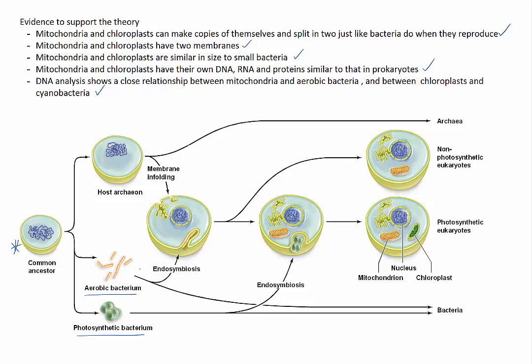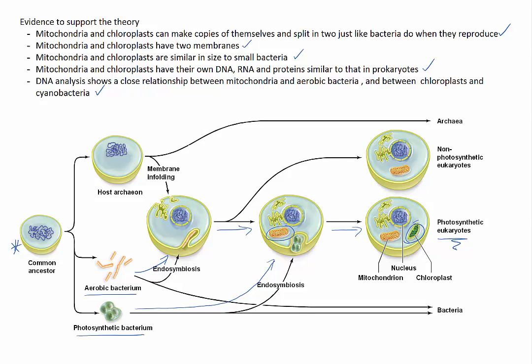The aerobic bacterium would have been ingested by another bacterial cell and eventually evolved into the mitochondria that we know of today. At a later stage, the photosynthetic bacterium would have also been engulfed by the same cell and evolved into chloroplasts, which is how we would have ended up with the photosynthetic eukaryotic cells that we know today, such as those in plants and algae.